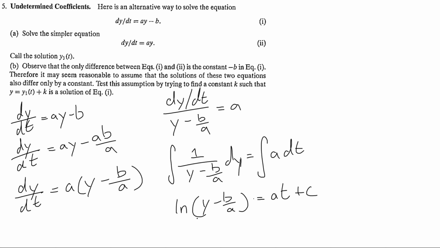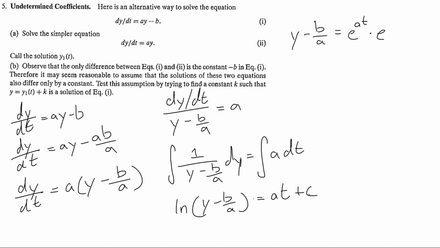To get rid of the natural log here, we're going to take this entire right-hand side to the exponent of e. So we're going to be left with y, and that's what we want, right? Minus b over a is equal to e to the at times e to the c.